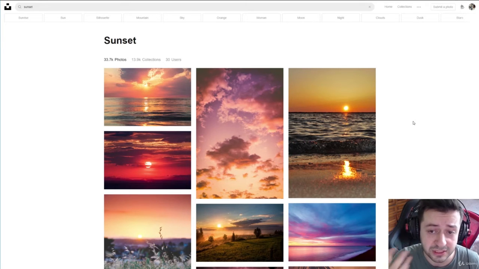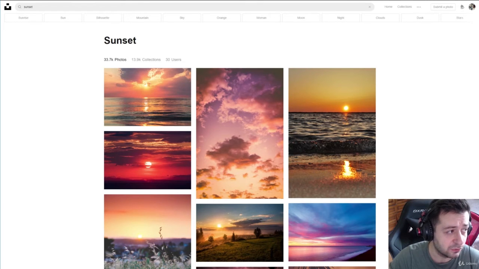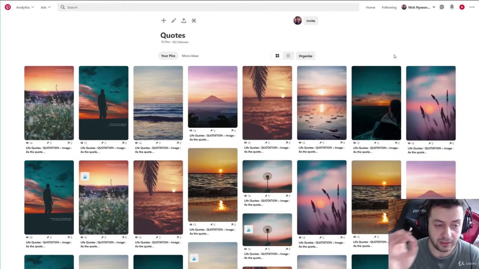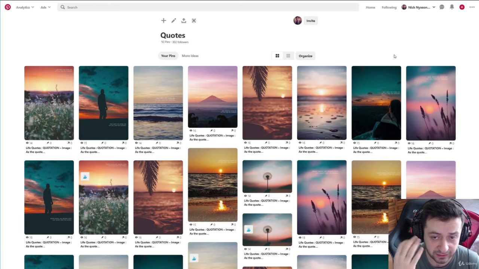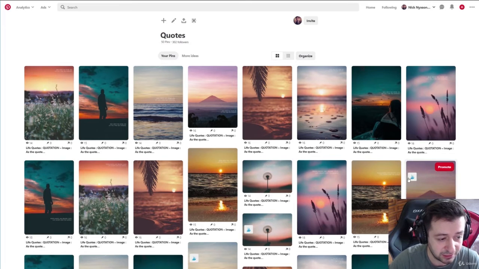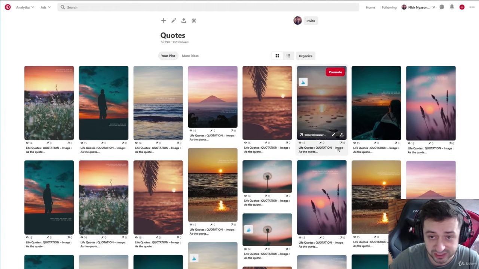But I wanted to see how this will work for you, in order to give you a case study for what is actually working. Then what I did, I made like 50 pins, 10 pictures per quote basically, and 5 quotes. So I made the 50 pictures, and you see all these pins are actually for the same quote.